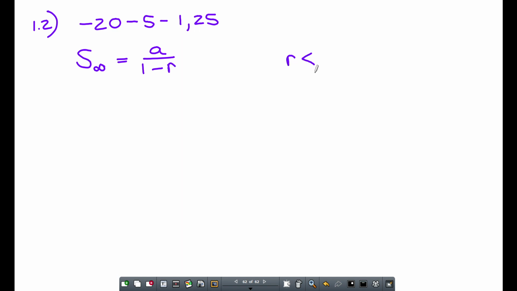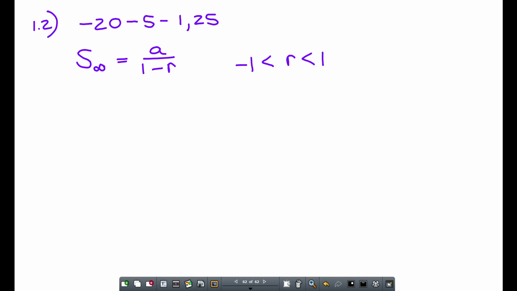Okay, at 1.2 it says, bepaal die som tot oneindig vir elk van die volgende meetkundige reekse, and what was given was minus 20, minus 5, minus 1,25. Okay, nou onthou net, die som van oneindig is gelyk aan A over 1 minus R, but R must be between 1 and minus 1.